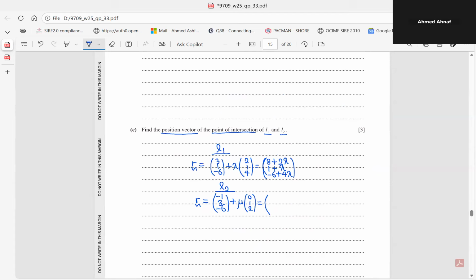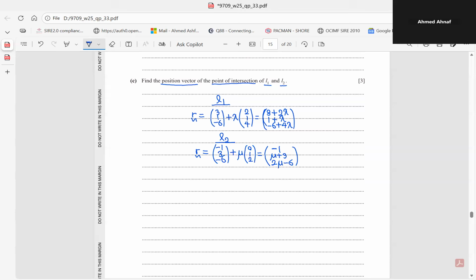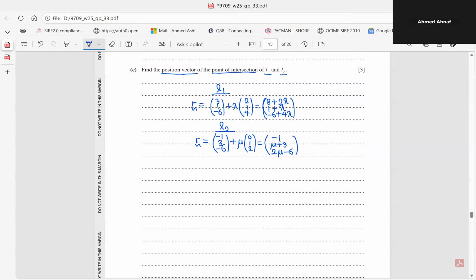So expanding: minus 1 plus mu times 0 is just negative 1. 3 plus mu times 1 is just mu plus 3. Negative 6 plus mu times 2 is just 2 mu minus 6. So these are the column vectors of any generic point along these two lines. To find the point of intersection, we just have to equate these two column vectors to each other.